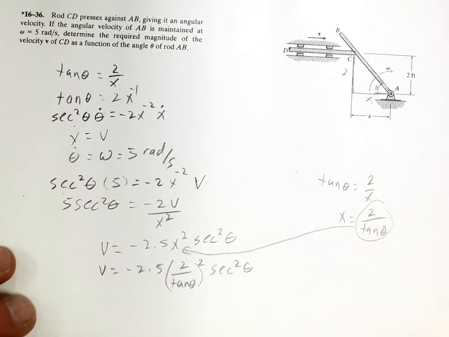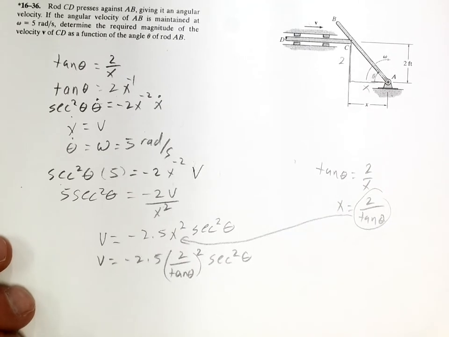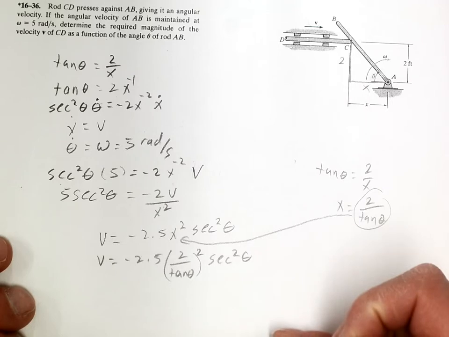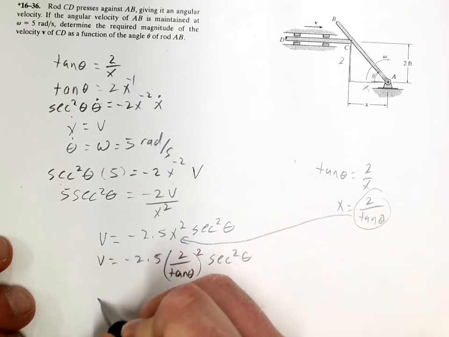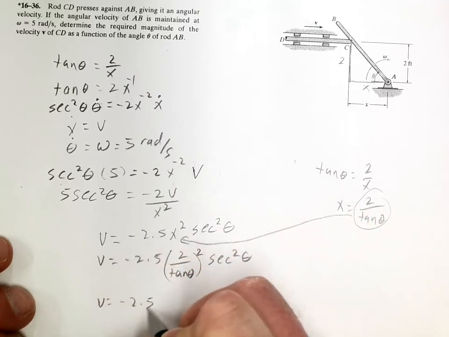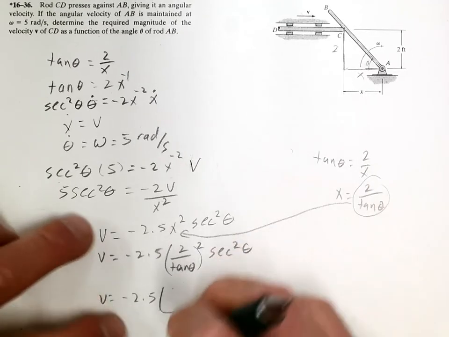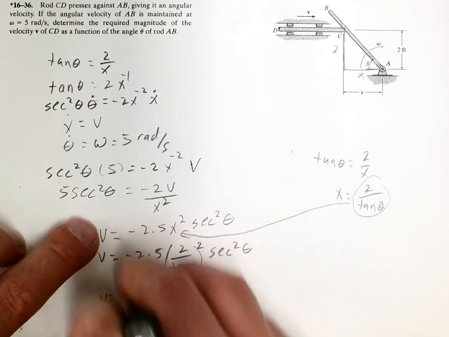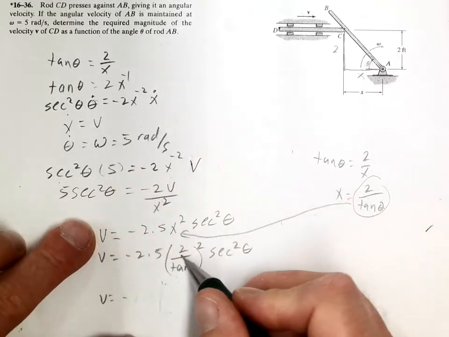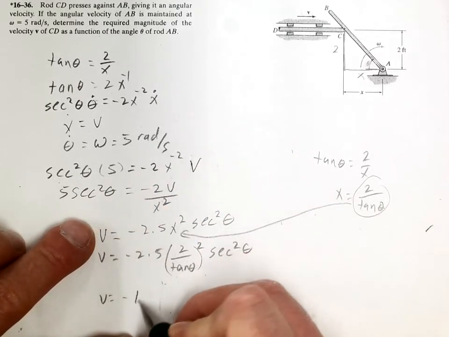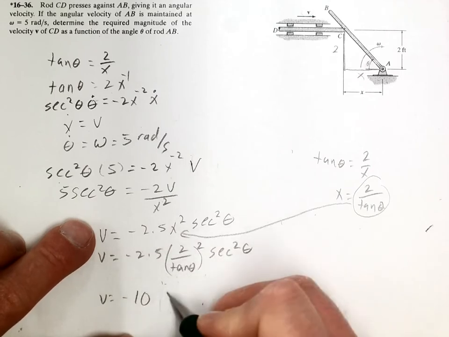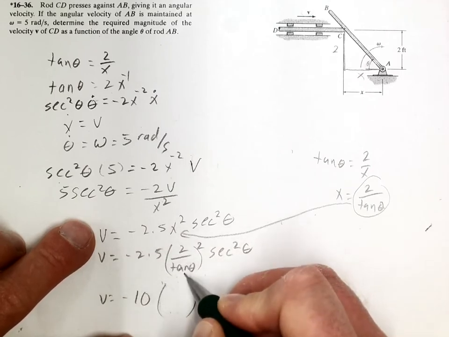That's not real pretty. Let's see if we can clean that up a little bit by using the sines and cosines instead of tangent and secant. So the velocity is equal to negative 2.5 times 4. Let's do that. 2 squared is 4. 4 times 2.5 is 10. Tangent, 1 over tangent. Tangent is sine over cosine.